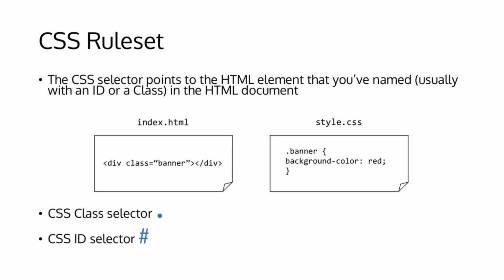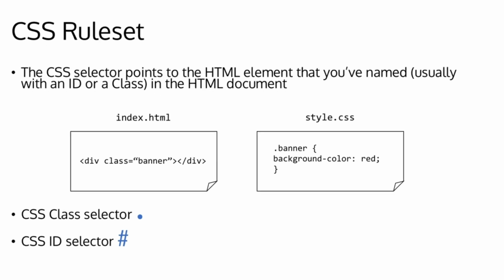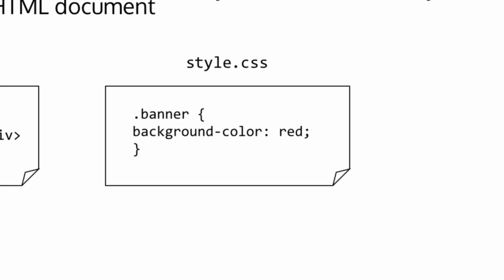Over on our style.css, on the right side, we have our selector, that's .banner. We have the curly braces, and that indicates our declaration block. And then we have the property value pair that is inside the declaration block.